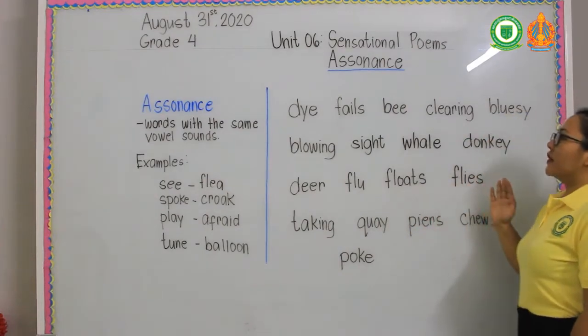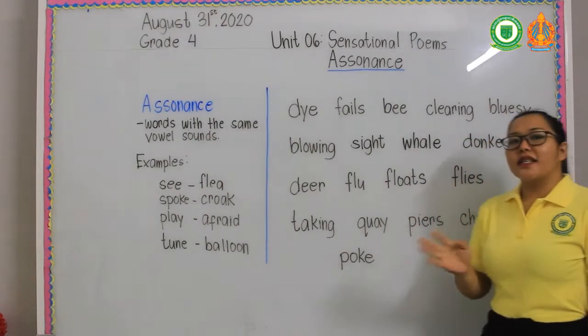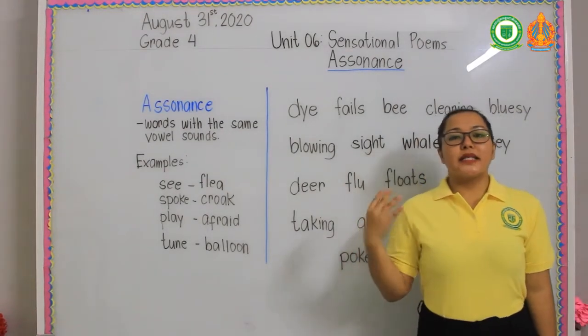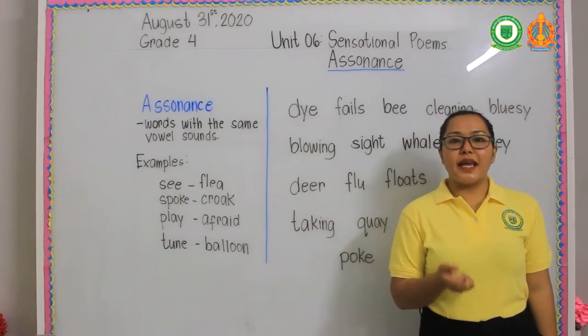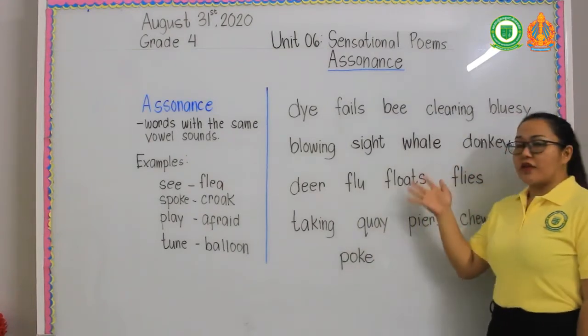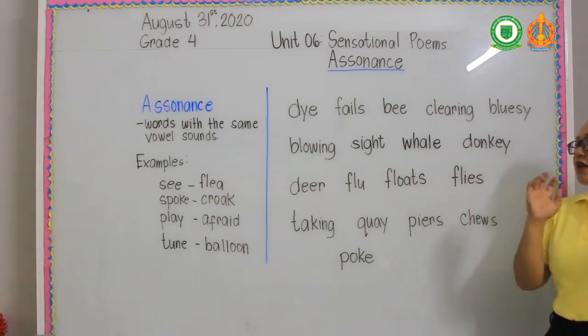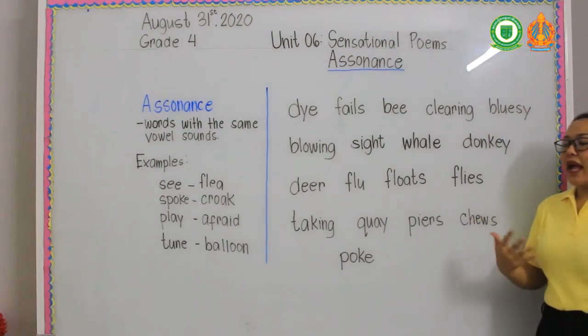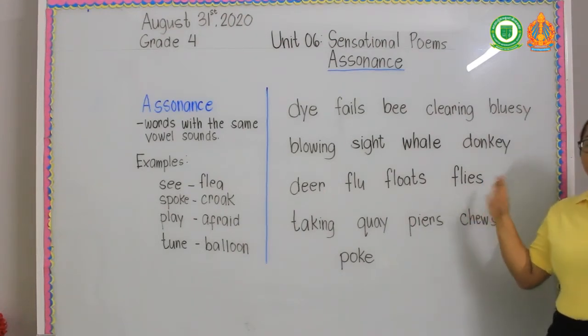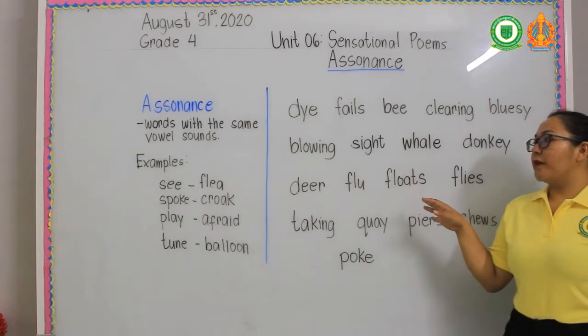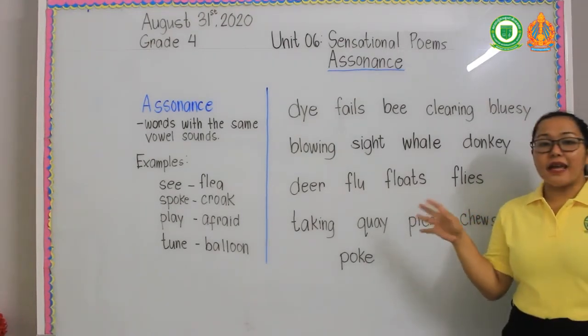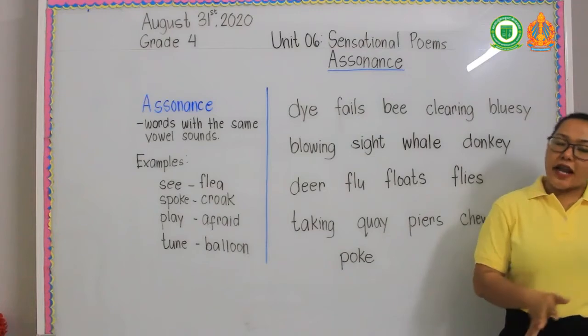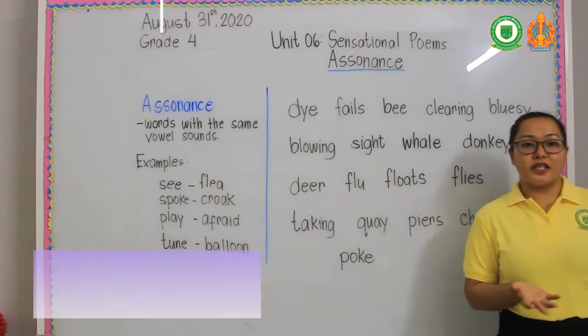Alright, next. Here we have several different words, but some of them have the same vowel sound as the other words, okay? So for your task 1, you'll have to group these words into the same vowel sounds. But for now, we have to read the words all together.